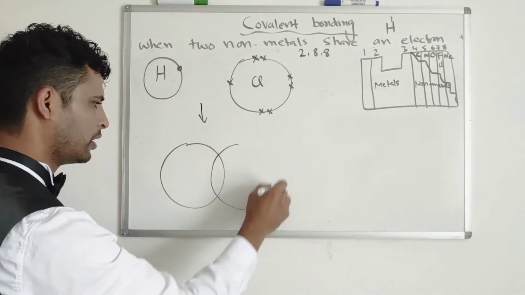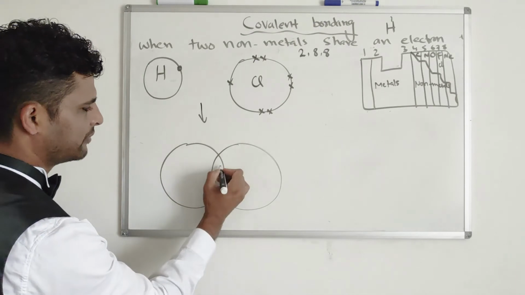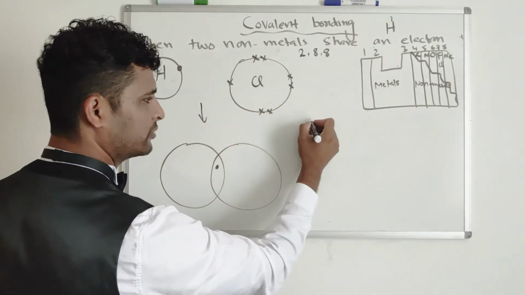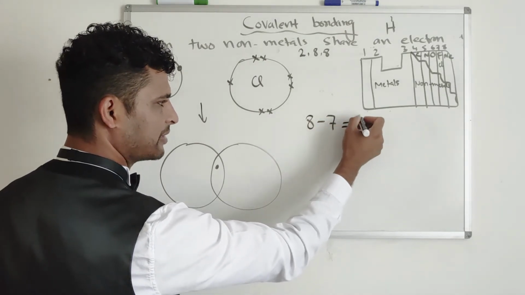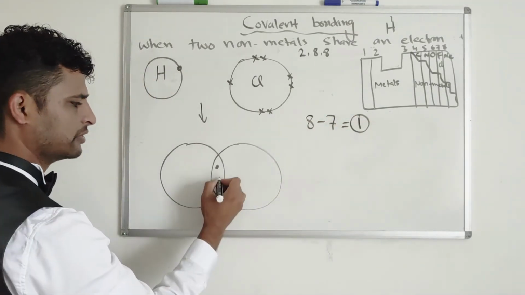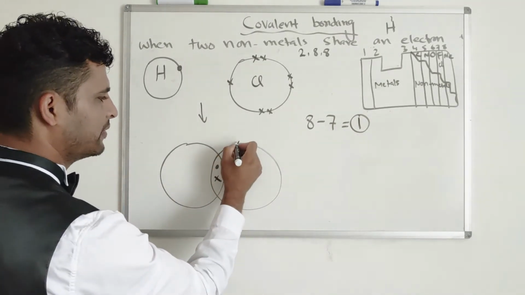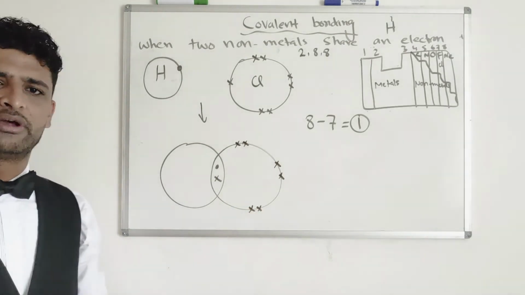You draw 2 circles with a shared area. Hydrogen will share 1 electron. Chlorine has 7 electrons, but the maximum it can have is 8 electrons, so it can make only 1 bond. So it will share 1 electron out of 7. Then you will have the rest of them outside of the shared area.